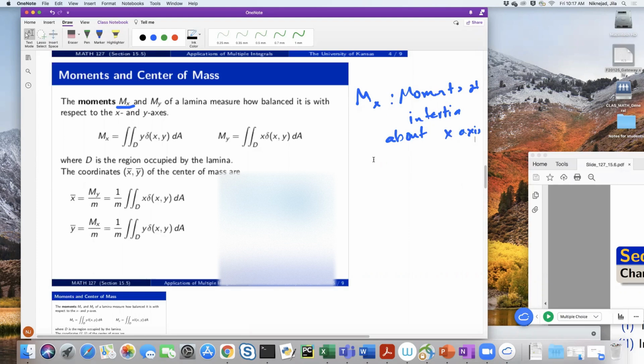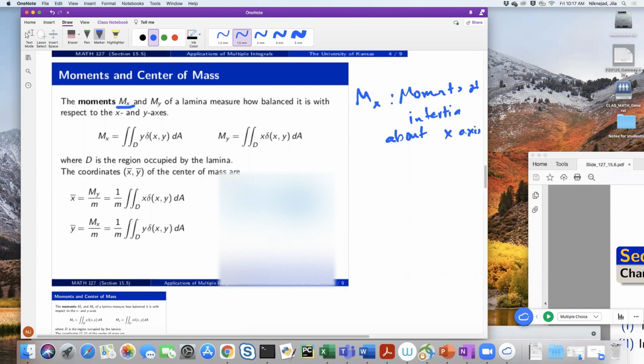But that little piece's distance from the axle of its rotation is in the y direction. So what you're basically finding is the distance.